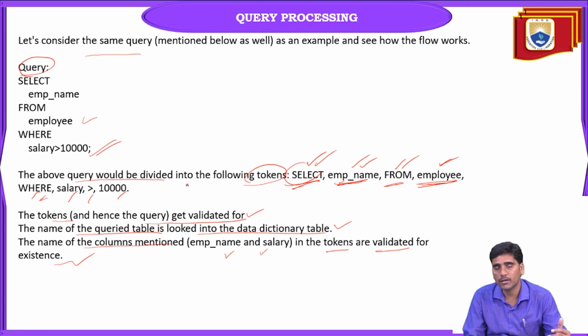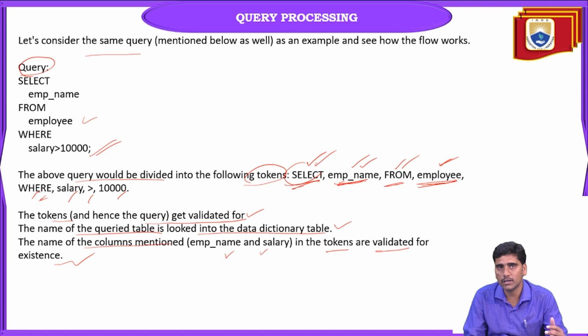After converting into these tokens, it checks against the dictionary table whether all the tokens are related to the database, to the table, and to the columns. Everything has to be checked.